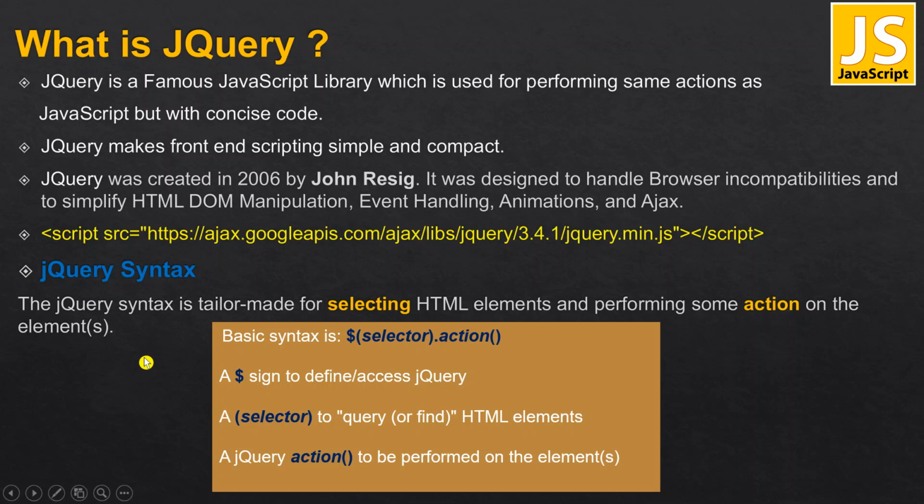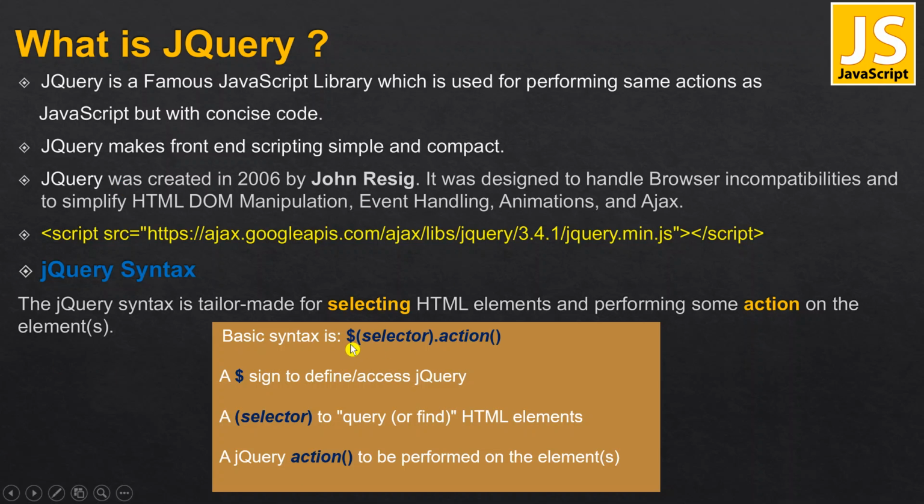Let us see the syntax. The basic syntax is dollar selector dot action. Simple, very compact code when we compare with core JavaScript. jQuery makes web front-end programming very compact, friends.